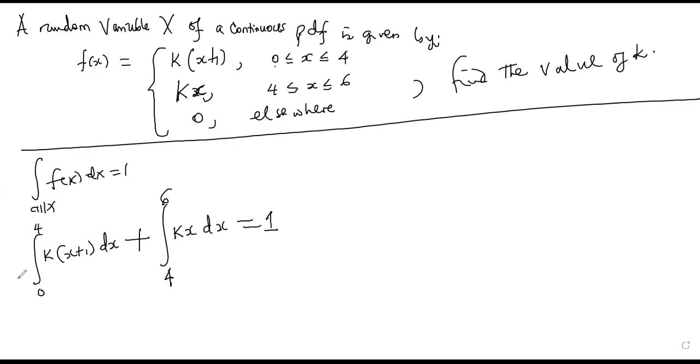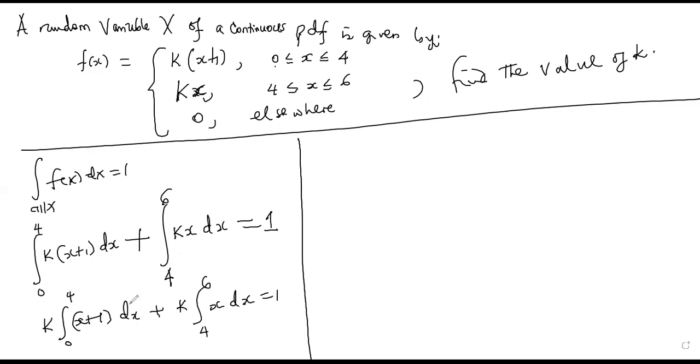So we can put out a k. So k integral of 0 to 4 of x plus 1 dx, plus k integral from 4 to 6 of x dx, is equal to 1. So we integrate.